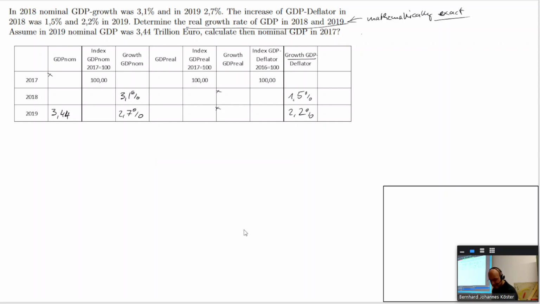Well, think of mathematically exact, so you cannot just take the so-called Fisher equation and just take the difference between price change and nominal growth.